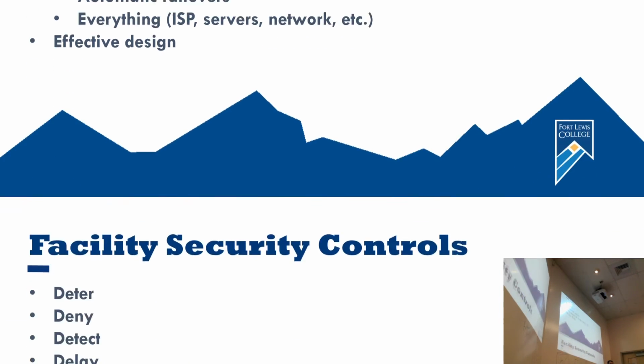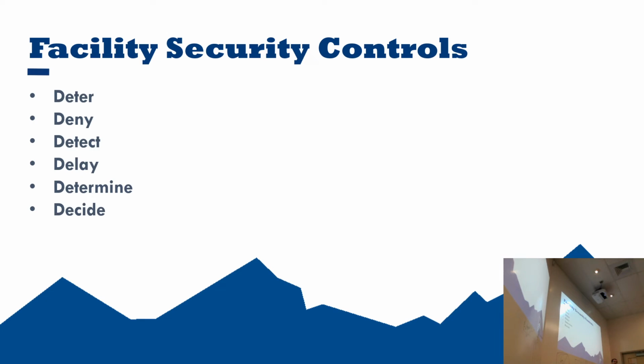All right. Let's talk about facility security controls. The idea behind these is we have 6 D's. The first one is deter. If you deter something, you prevent it from happening altogether. So let's say that I put a camera up. That's a deterrence.